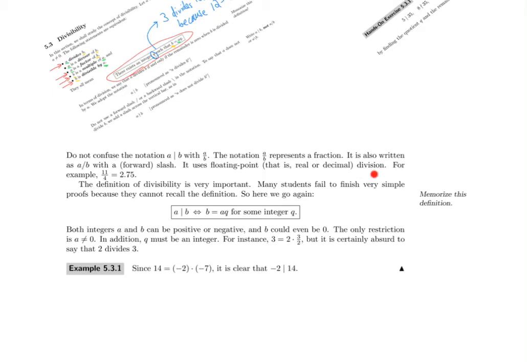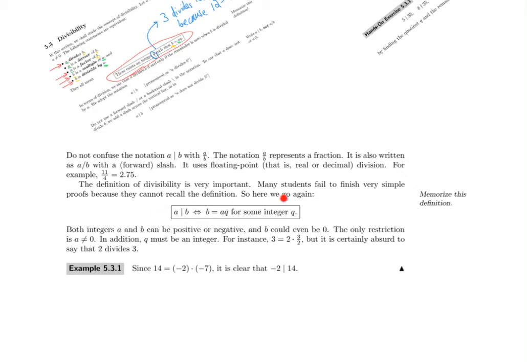It's a calculation. We're doing division. For example, 11 over 4, we think of that as some fraction that we can calculate and we get a number answer, which is 2.75. That's not the same thing as what we're saying here, a divides b. So the words divides, divided by, you have to make sure you understand the difference between them.